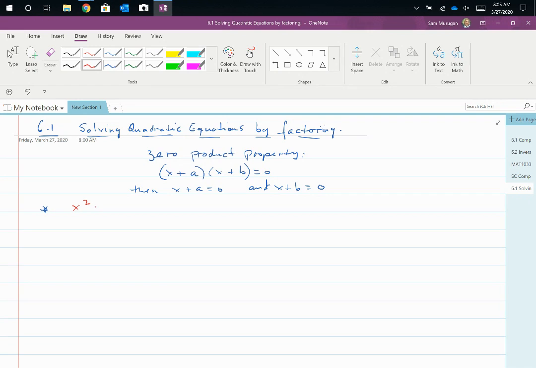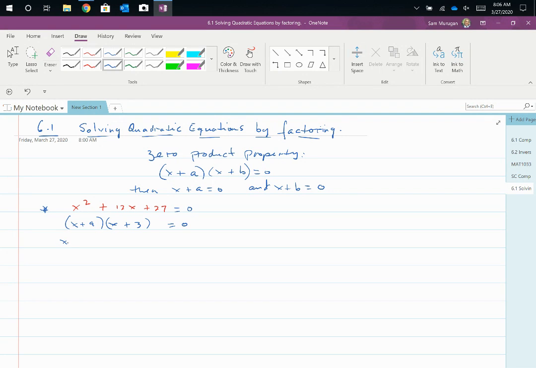So x squared plus 12x plus 27. You will factor this. You look for two numbers that multiply to give 27 and add to give 12, which is plus 9 and plus 3. By the way, this is an equation, so it's set equal to 0.